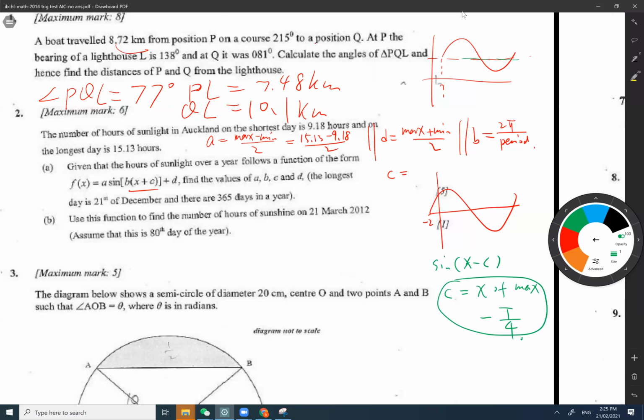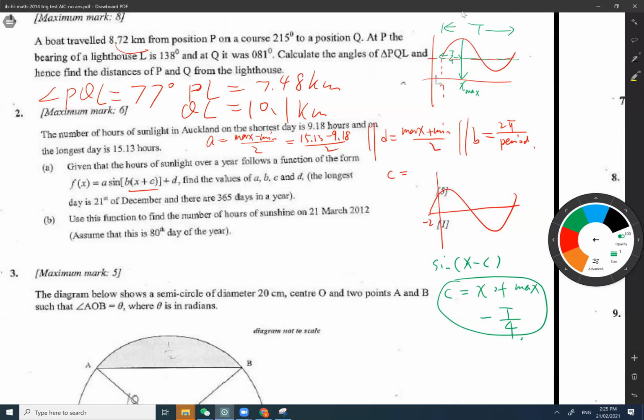The whole thing is called a period, so here just a quarter period. So you just use max minus a quarter of the period.